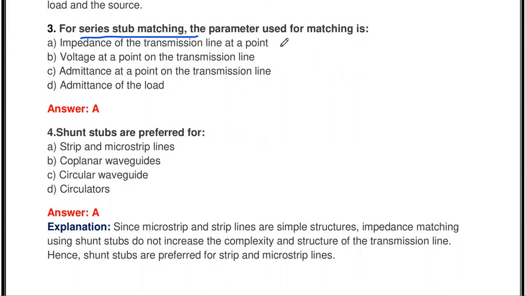Impedance of the transmission line at a point, voltage at a point of the transmission line, admittance at a point of the transmission line, admittance of the load. The answer is impedance: for series stub matching, the impedance of the transmission line at a particular point is the parameter.